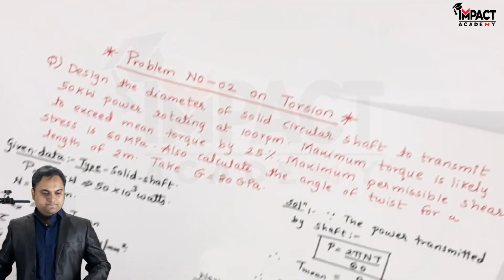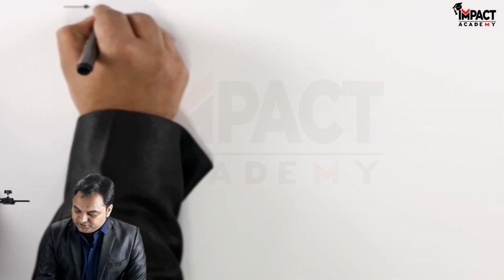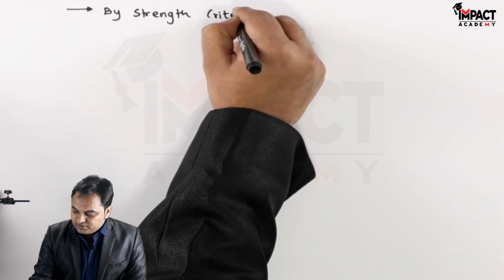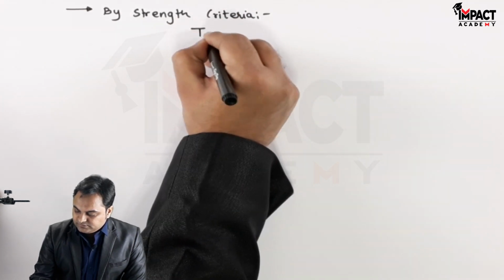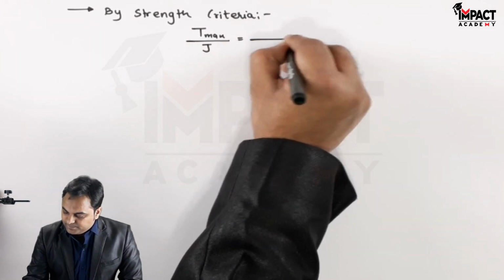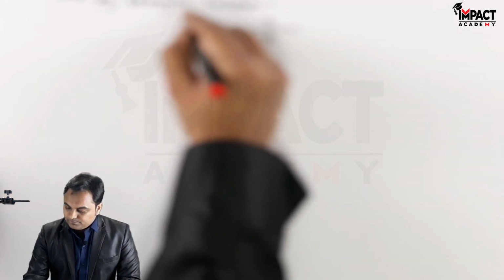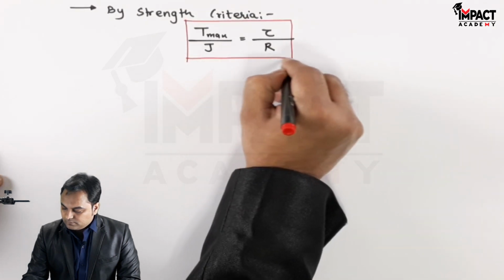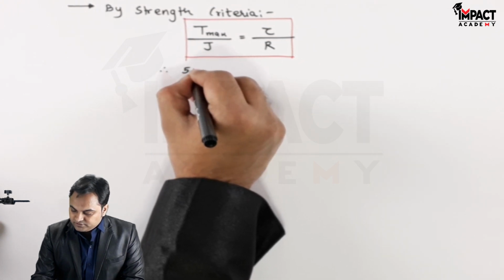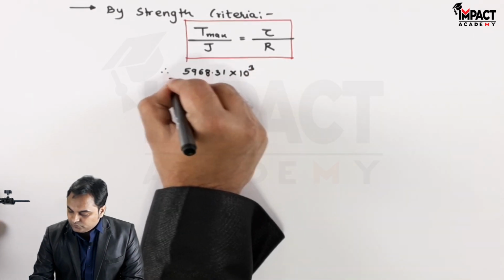So next I am using the strength criteria. The torque in the strength criteria is the maximum torque. So it is Tmax upon J is equal to tau upon R. So Tmax, I'll put the value, it is 5968.31 into 10 raised to 3 Newton mm.